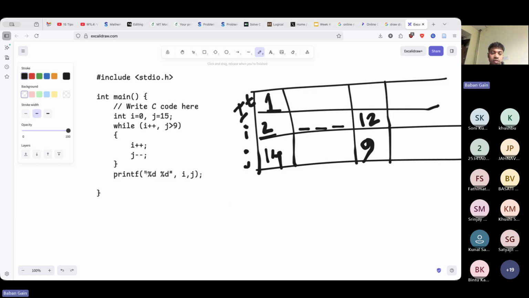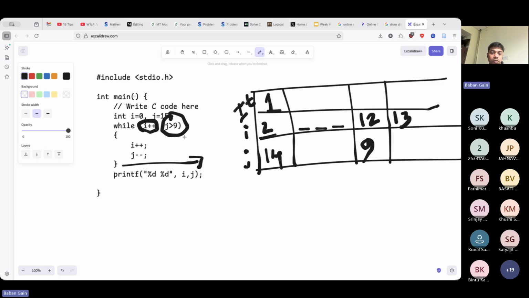It will check again, since we have not exited from the while loop, if j greater than 9. I have to execute this first, right? i plus plus, so this one will become 13. Then I'll check if j greater than 9. Is 9 greater than 9? The answer is no, false.